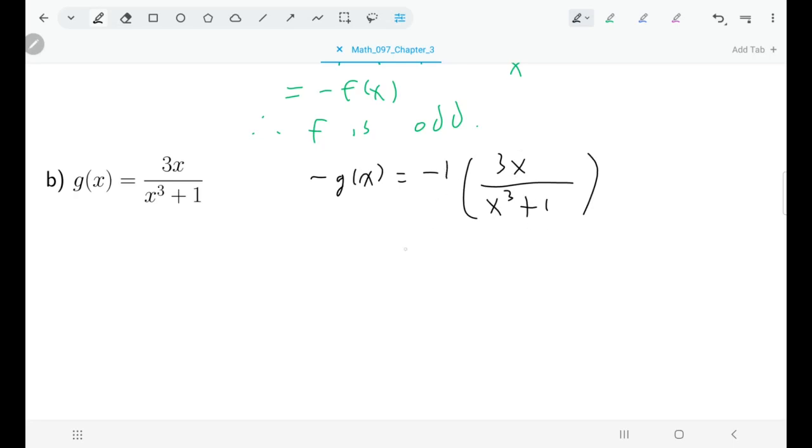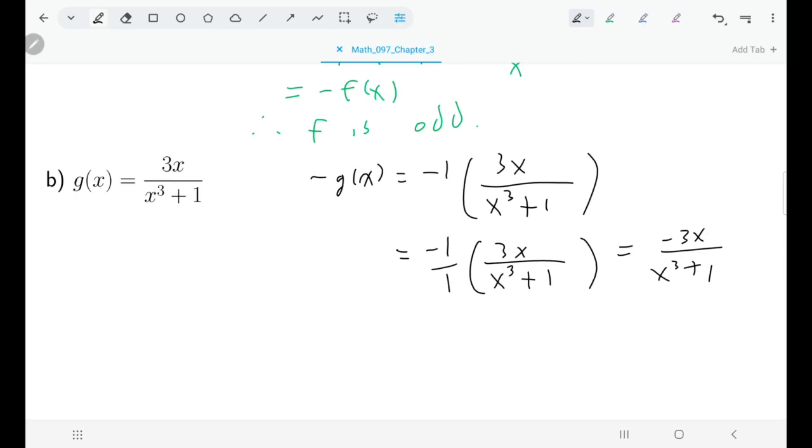But remember, -1 is the same thing as -1 over 1. So when I'm multiplying this fraction by -1, really, I'm only multiplying the numerator by -1, not the denominator. So negative g of x is really negative 3x over x cubed plus 1.